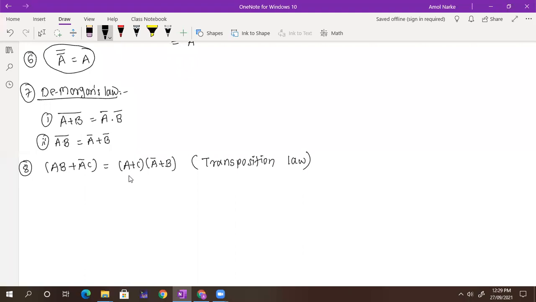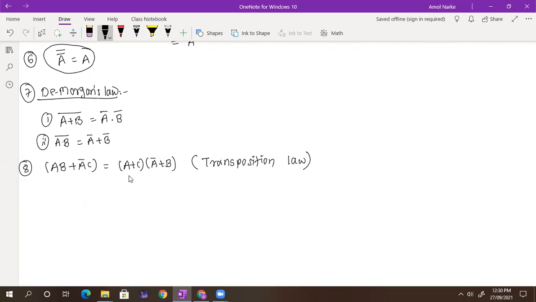Can you get this one? Yes, anyone? Can someone find it out? You can start from LHS to RHS or RHS to LHS, no problem. Sir, we can start from RHS.